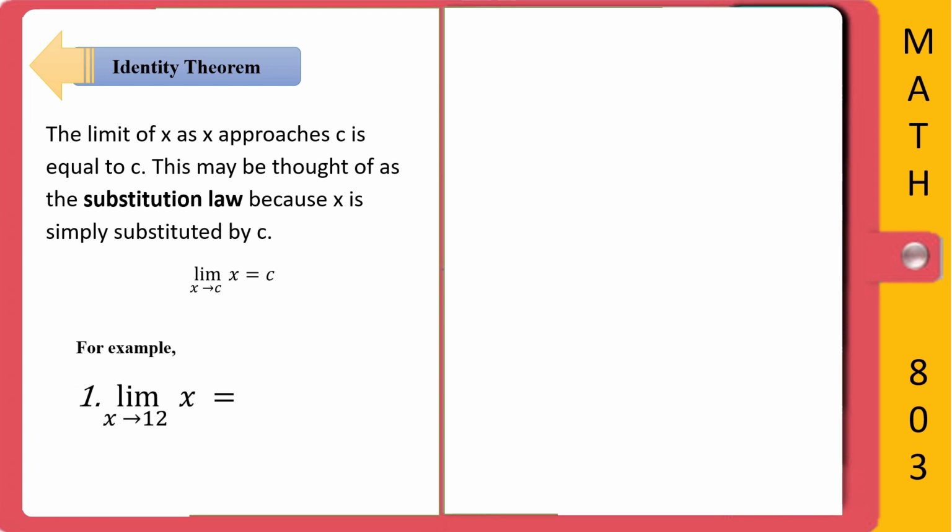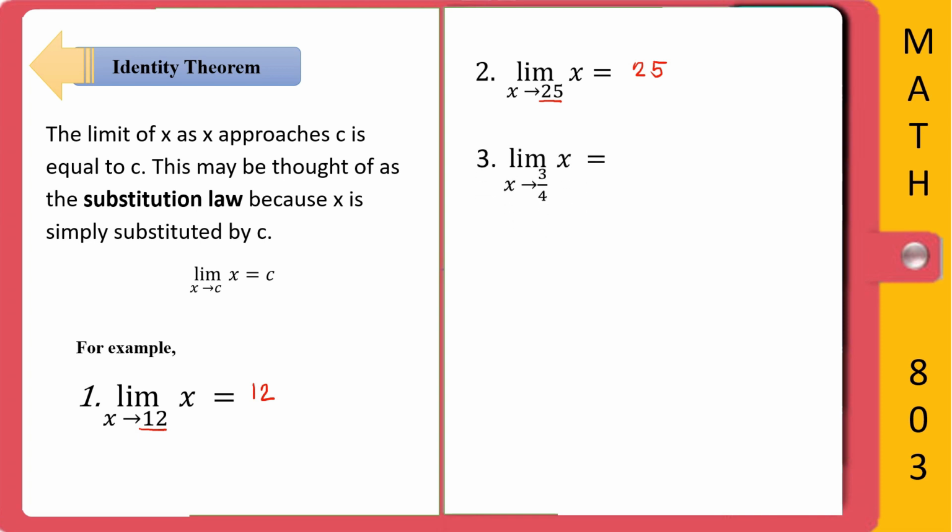We have the limit of x as x approaches 12. Since the value of c here is 12, the answer will be 12. Another example, the limit of x as x approaches 25. Since the value of c is 25, if you substitute 25 into the variable x, the answer will be 25.